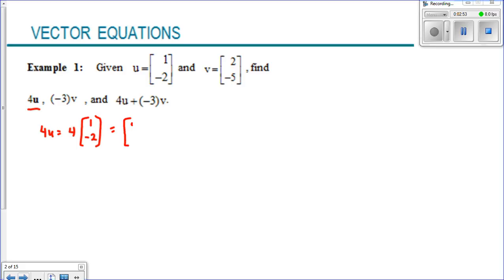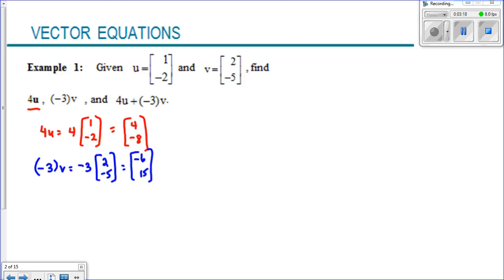So this will just be 4, negative 8. Now negative 3 times v. That's negative 3 times the vector v, and that just means to multiply each entry of v by negative 3. So negative 6, 15 would be the vector negative 3v.